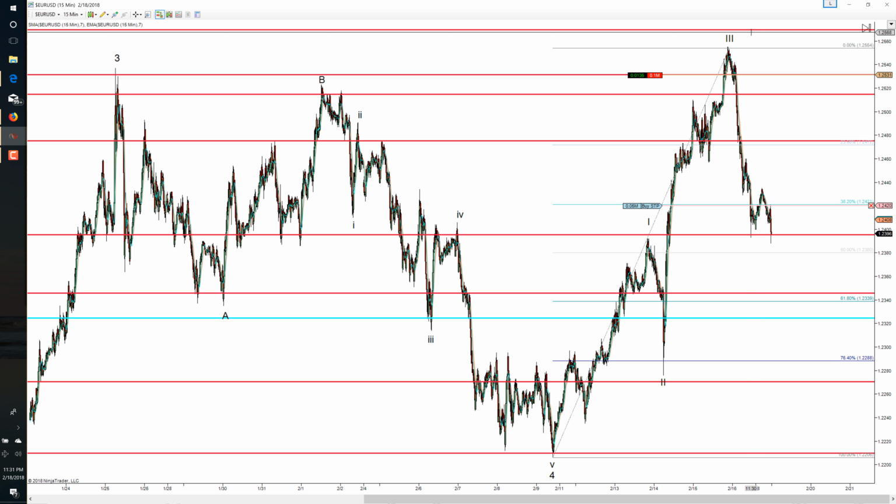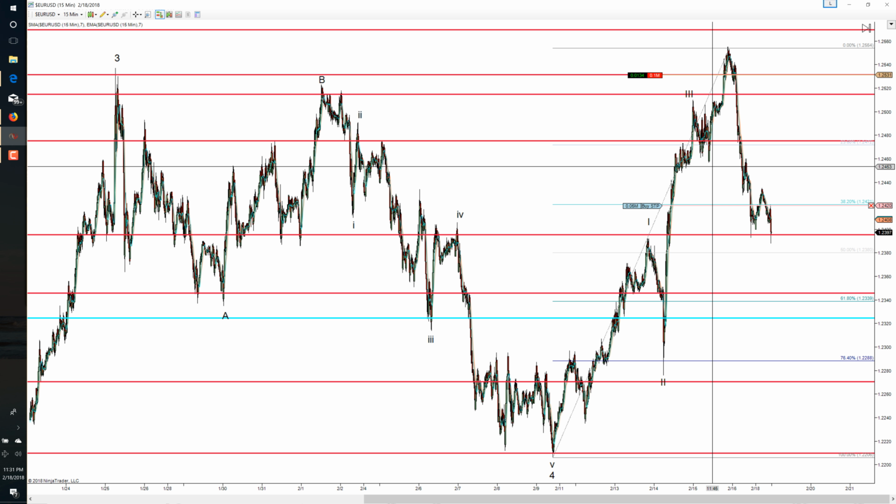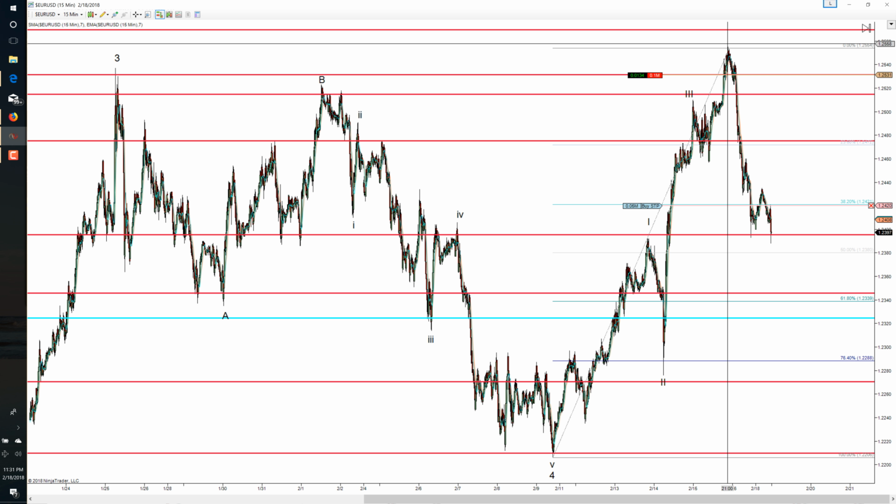Now, if you have wave 3 here, technically this can't be wave 4 because it's already entered the territory of wave 1 at 2389. So in that case, it would mean that this is wave 3, then this is 4, and then this is 5, basically.